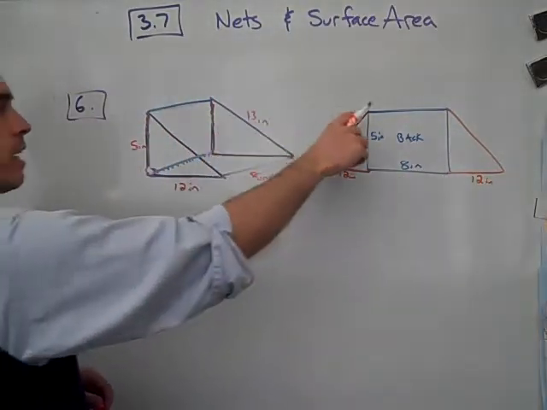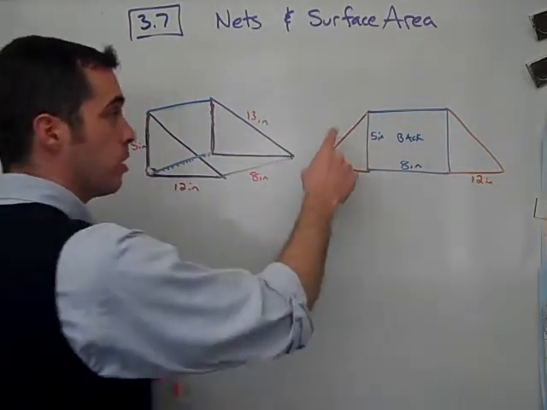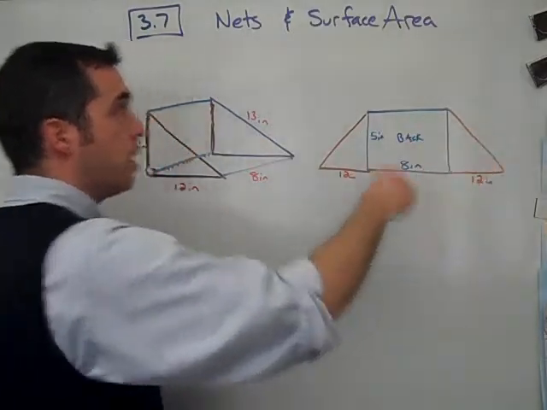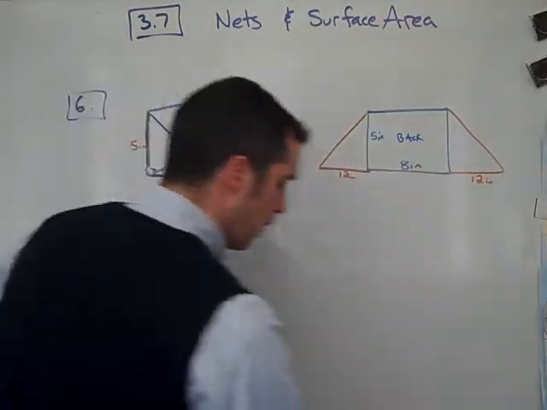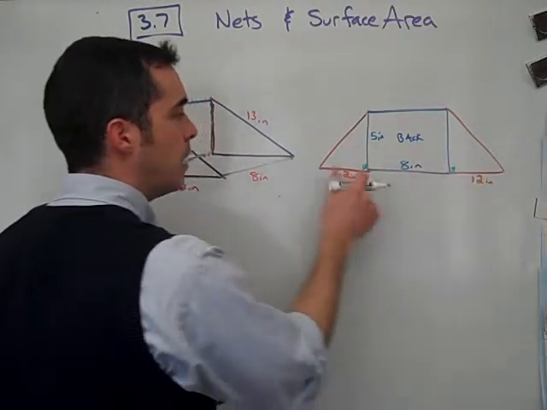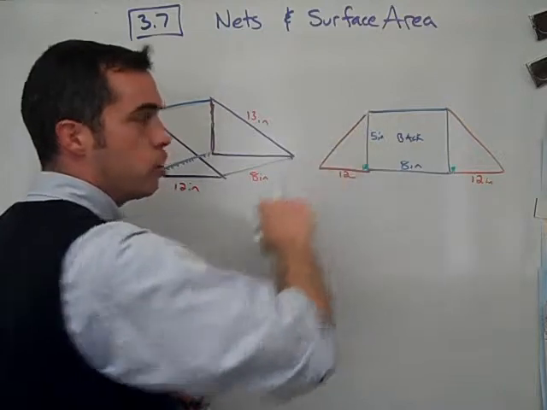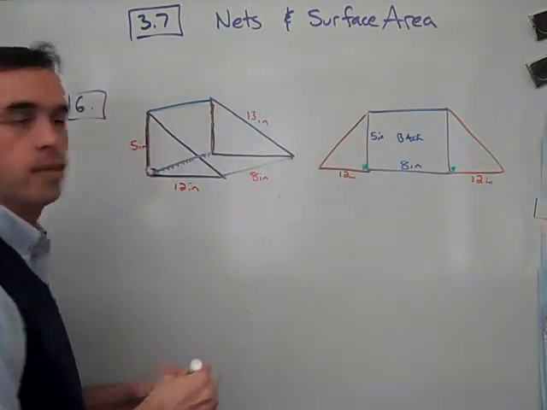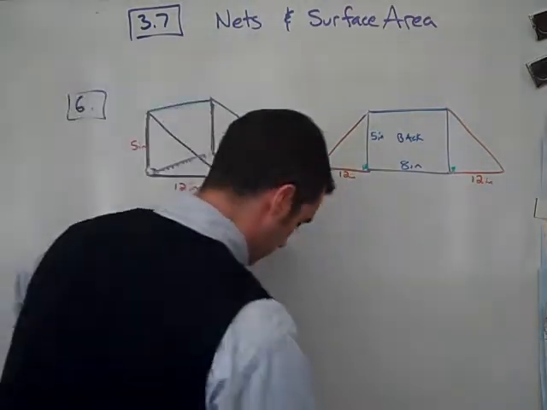And there is a length of 13. I could write 13 here and 13 here. But if I'm going to find surface area, I have to realize that in order to find triangular area, I need 1/2 base times height. That measurement really isn't going to come into play when I'm trying to find area, so I won't write it.